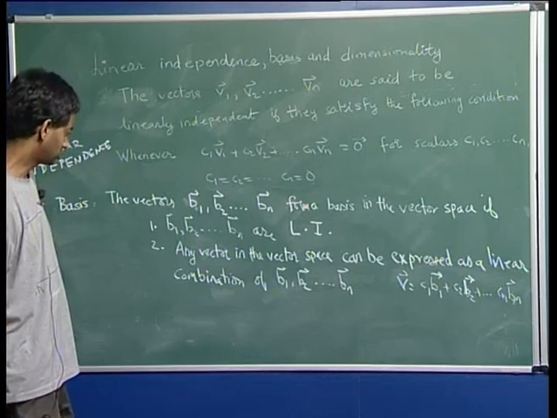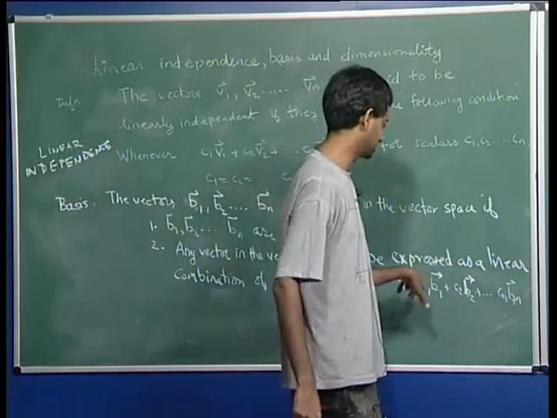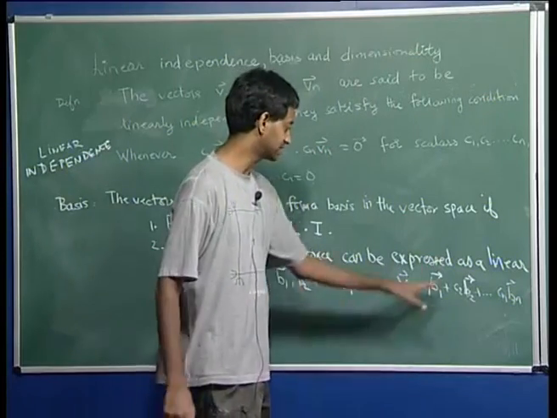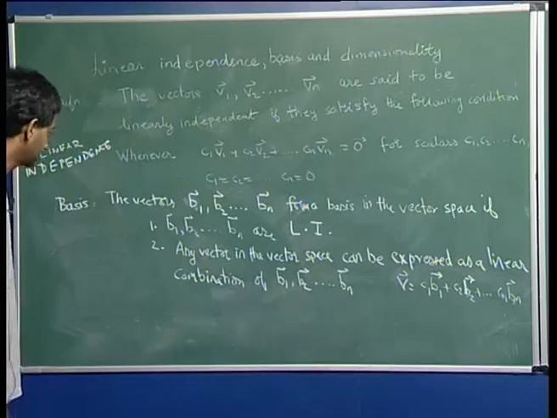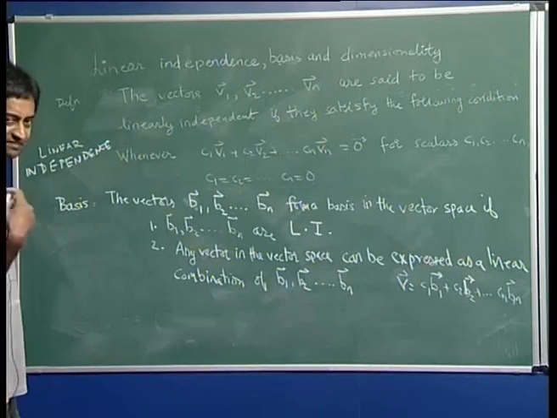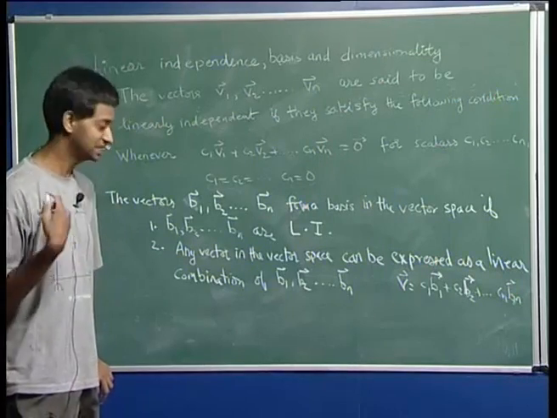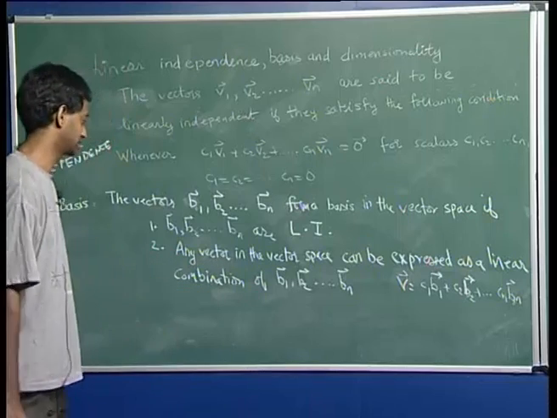Okay. Now, if you have a combination of vectors such that any vector can be written as a linear combination of these vectors, then these vectors are said to span the vector space V. So, when you say certain vectors span the vector space V, what you mean is that any other vector in the vector space V can be expressed as a linear combination of these vectors.